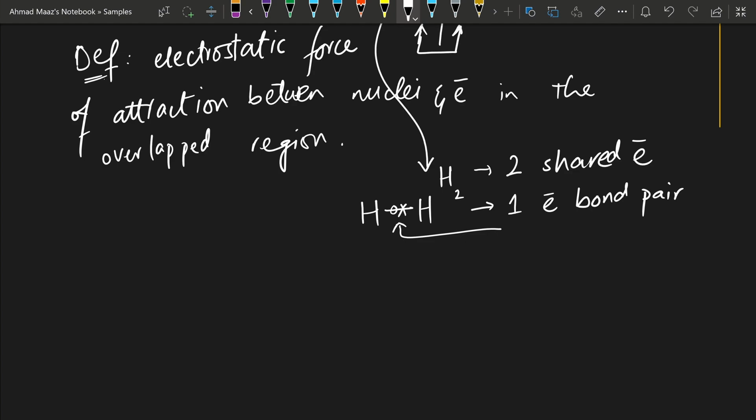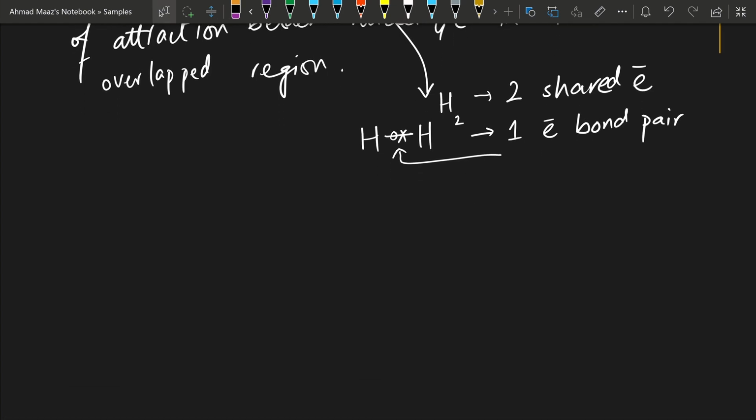All right. So let's move on. Because one electron is being shared by each atom, we call it a single covalent bond. Why single covalent bond?